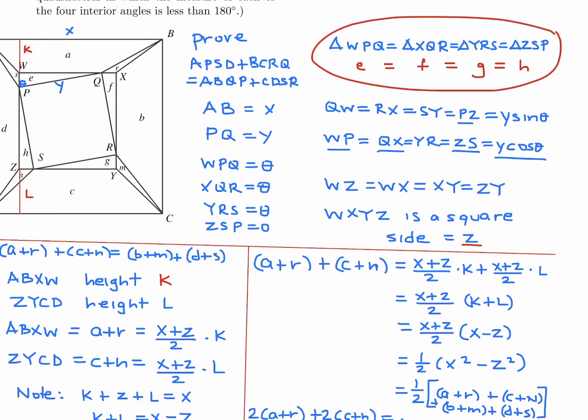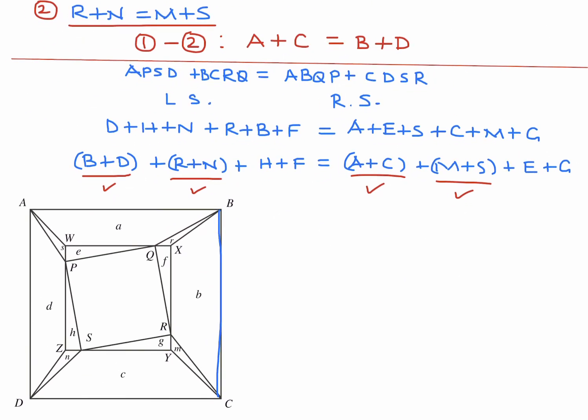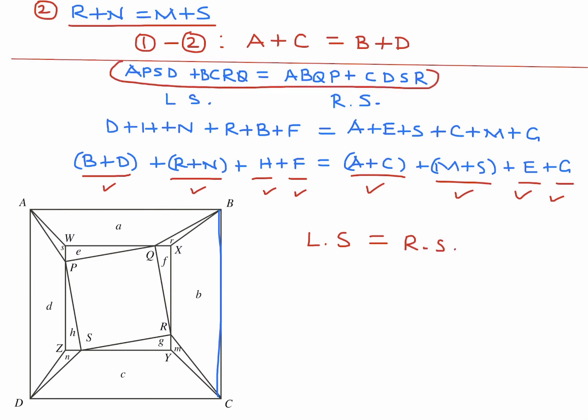That E was equal to F and G was equal to H. So there we go. That means that the left side is all equal to the right side, and we have now proven this relationship for number 9b.